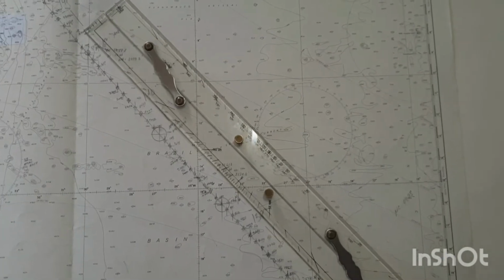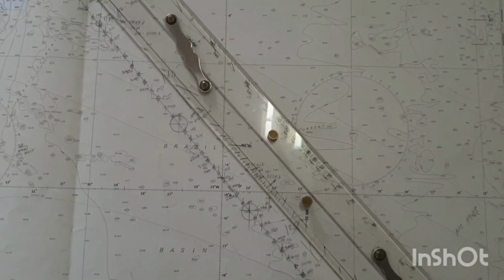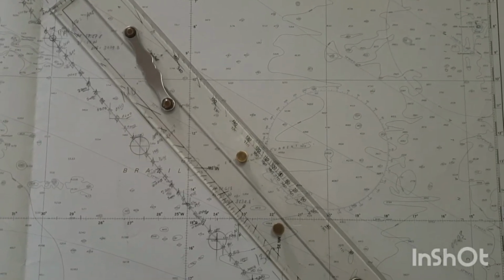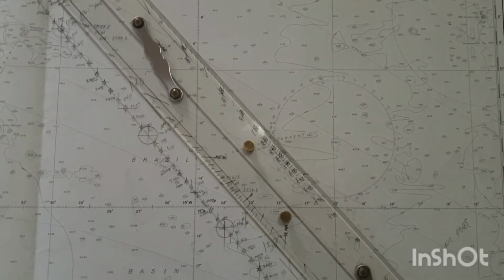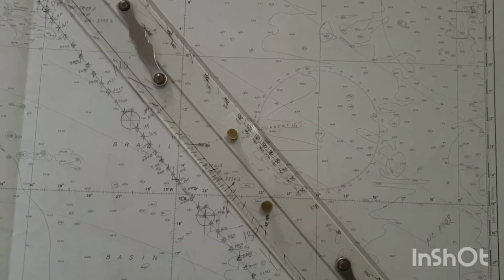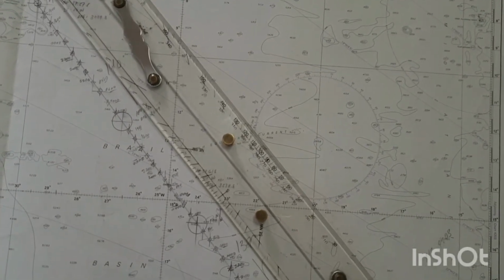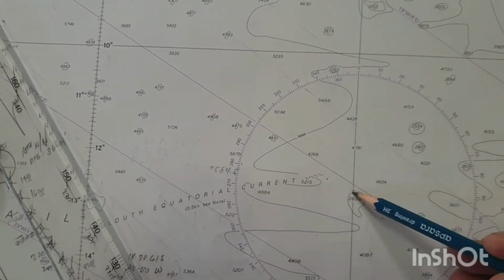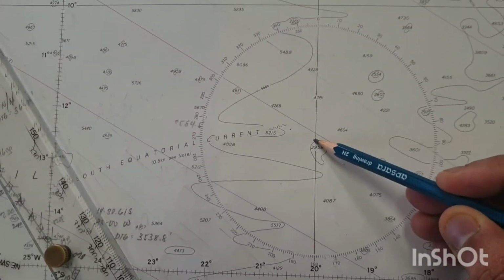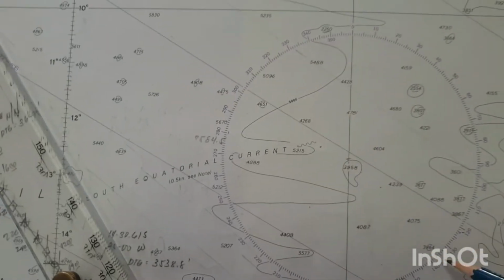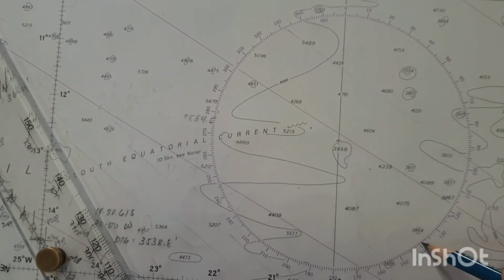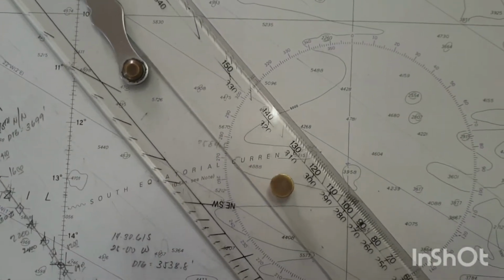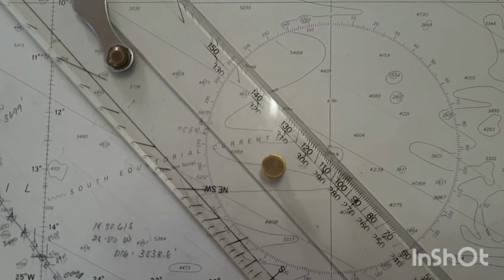This is a parallel ruler. We have studied the concept of transferring lines using set squares in our school days. This is similar to that. What to do is, take the center point of the circle, and then you have to mark 139 degrees. Now you have to connect both these points.